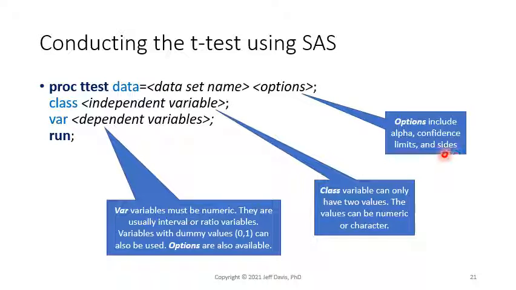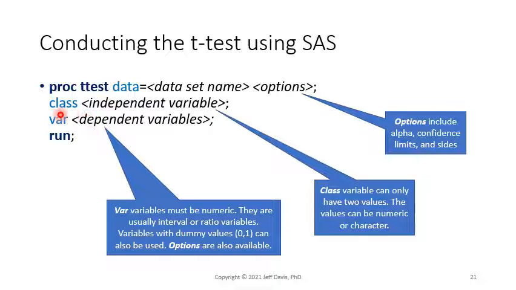If we don't have any of this, SAS will go with the defaults. So it'll default to an alpha of 0.95 and assume you want a two-sided test, because a two-sided test is a stronger test of the null.